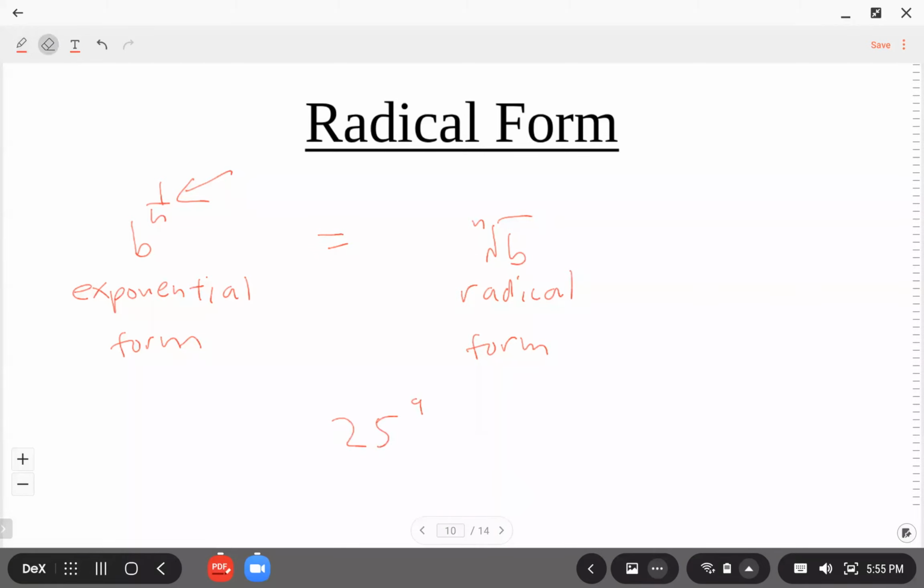So usually they just ask you to stay in exponential form, and if you can simplify it to radical form, you probably will. So remember, b to the 1 over nth power is going to be b to the nth root. That is basically radical form. It's not too hard.